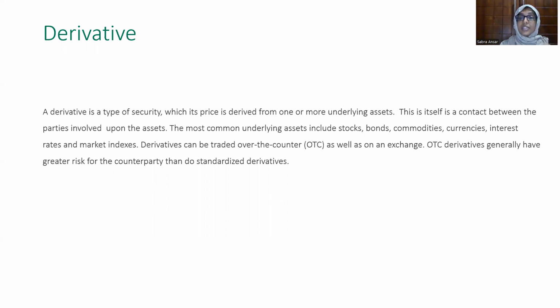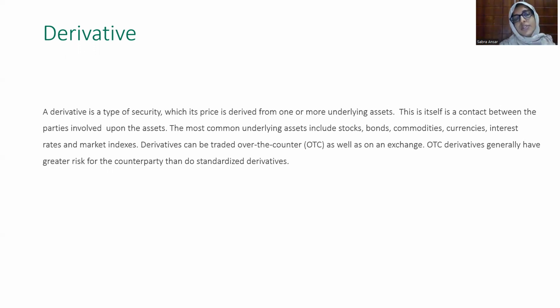It is a contract between the parties involved upon the assets, and the underlying assets could be a stock, a bond, commodities, currencies, or even interest rates or market indexes.